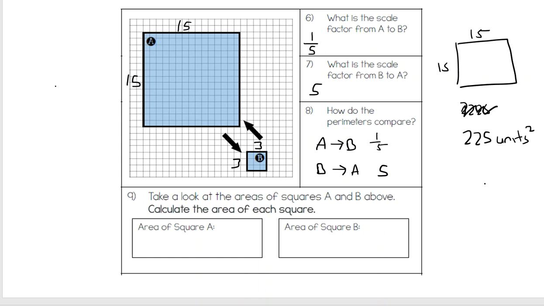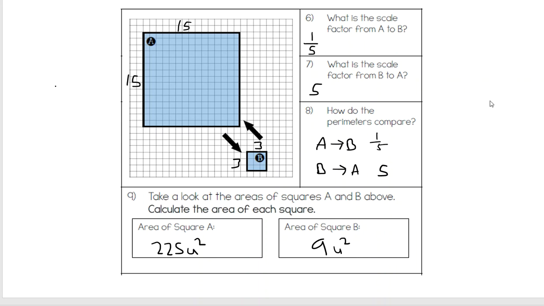And for area B, the area of square B, that one is a 3 by 3, so that is 9 units squared. So the area of square A is 225 units squared, and the area of square B is 9 units squared.